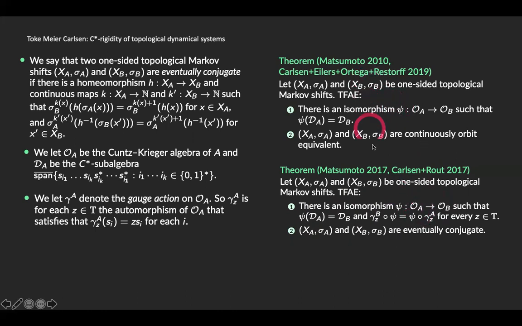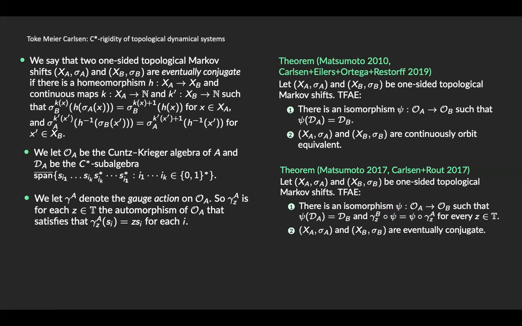These two results were first proven by Kengo Matsumoto for irreducible topological Markov shifts, and then for arbitrary topological Markov shifts by Søren Eilers, Ortega, Restorff, and myself in the first case, and by James Rout and myself in the second case.